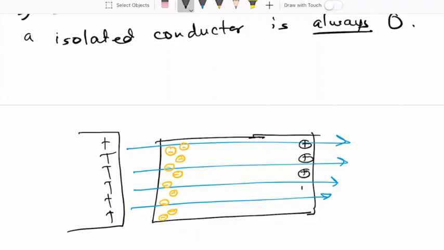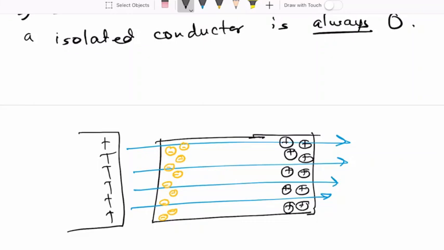So previously the negative and positive charges were uniformly distributed throughout the material, but now the positive charges are still uniformly distributed, but the negative charges have accumulated on the left of the conductor because of this electric field. And so you've got this line of positive charges on the right and a line of negative charges on the left.